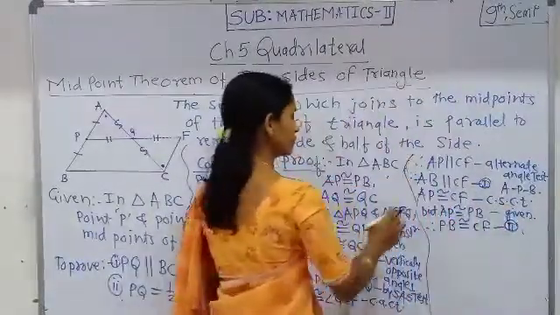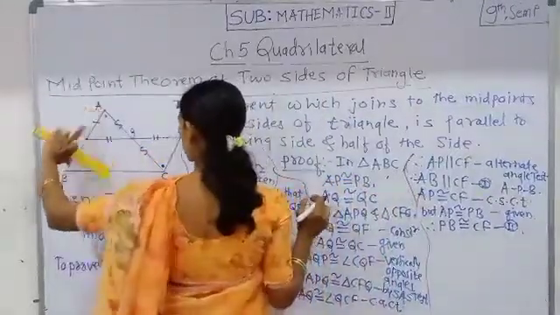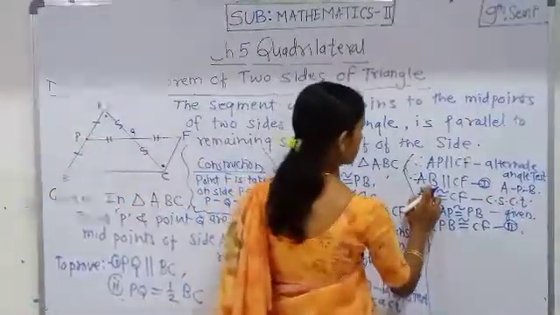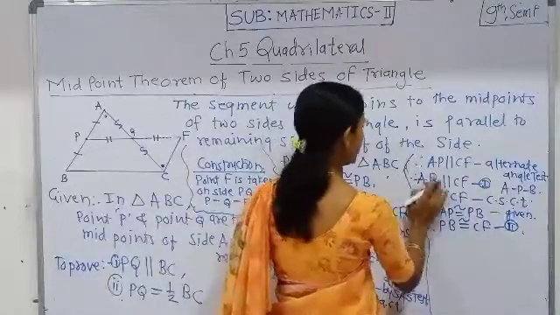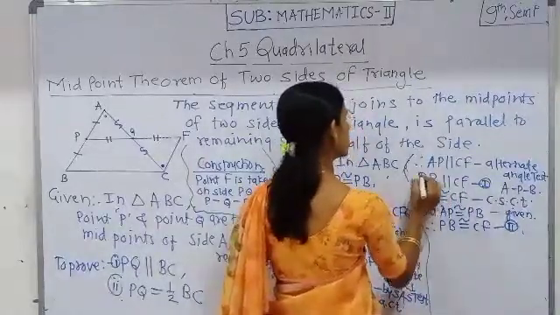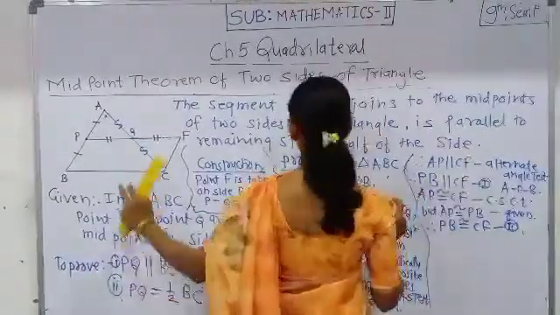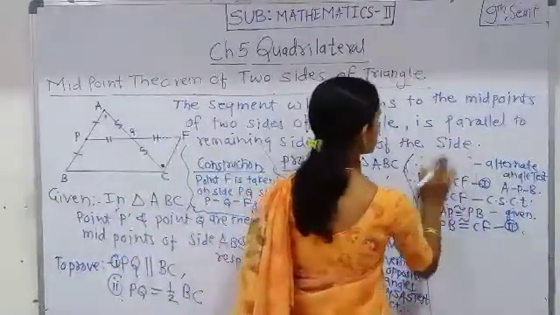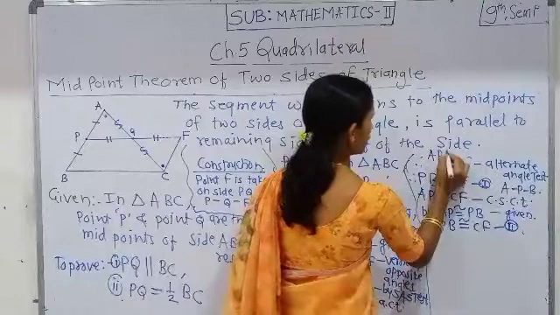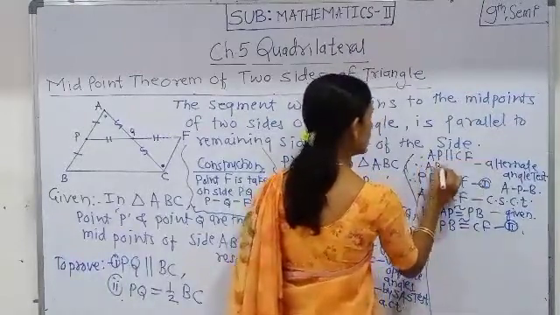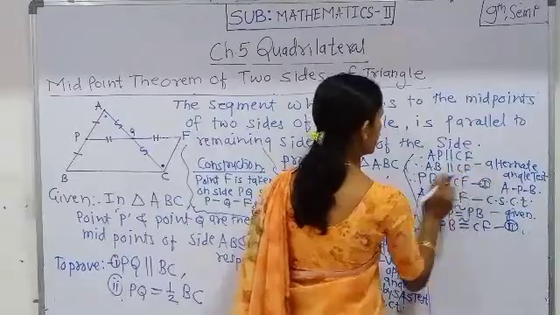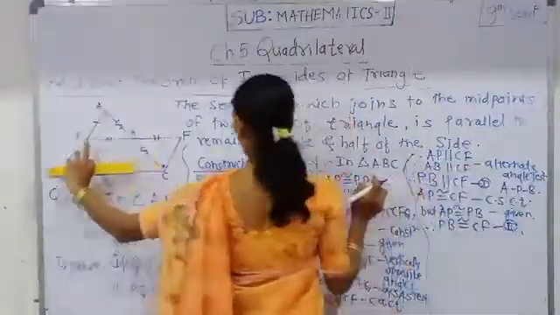See here, as AP parallel CF, AP means AB, so AB parallel CF, and AB means PB.